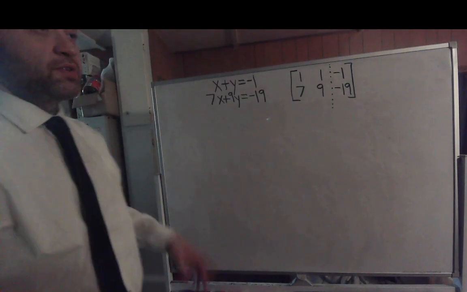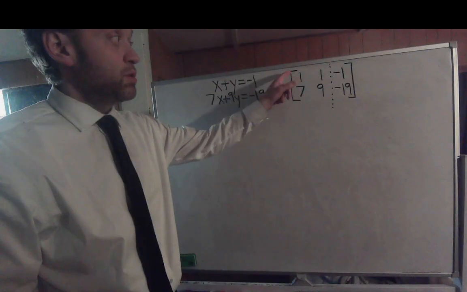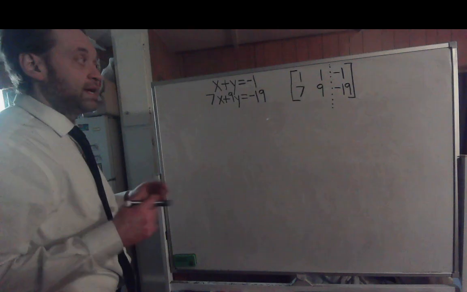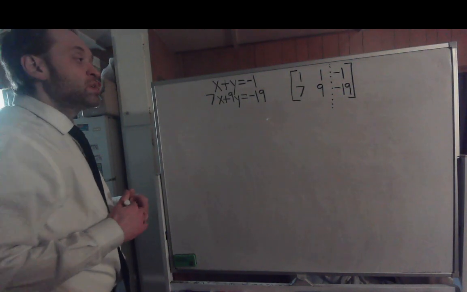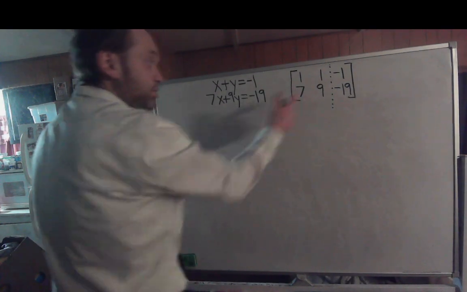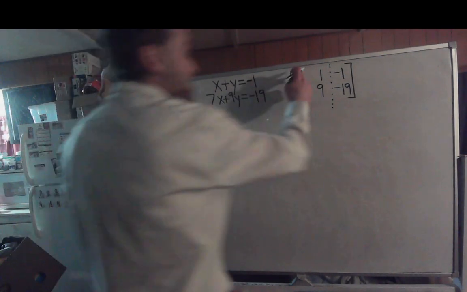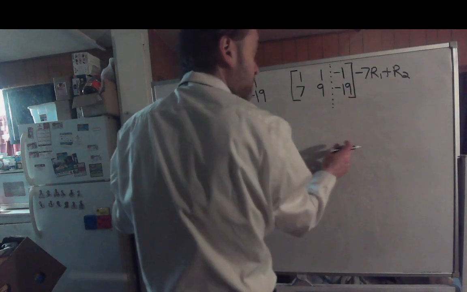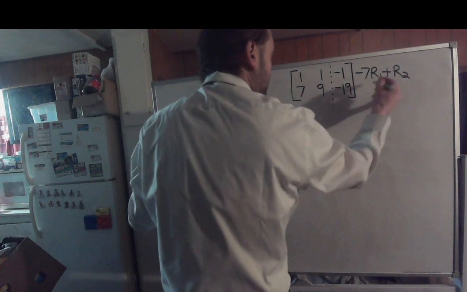This time, the leading digit in the first row is a 1, so we can leave the first row alone entirely. That's going to make life a lot easier. But we need to make the first digit in the second row become a 0. If we take negative 7 times row 1 and add that to row 2, we'll end up making that happen.